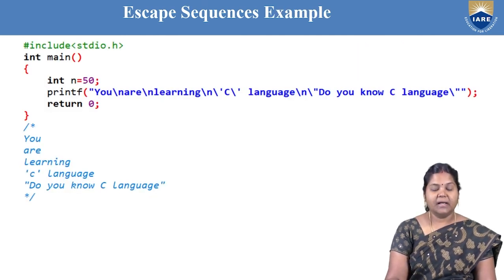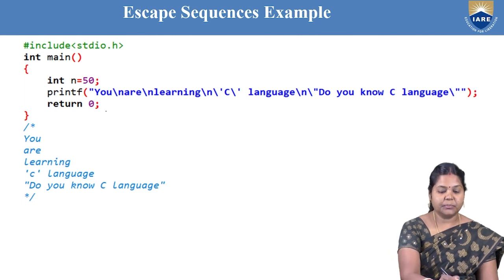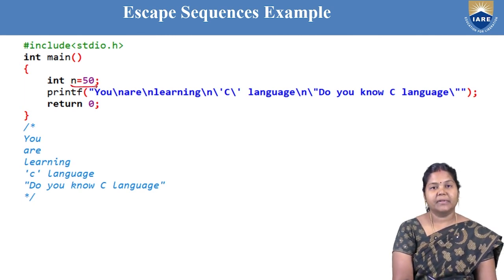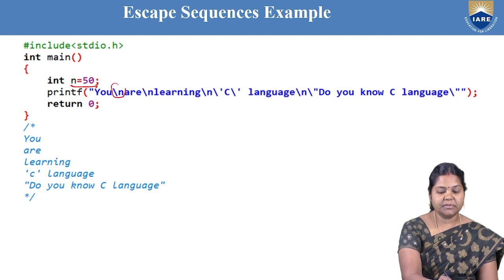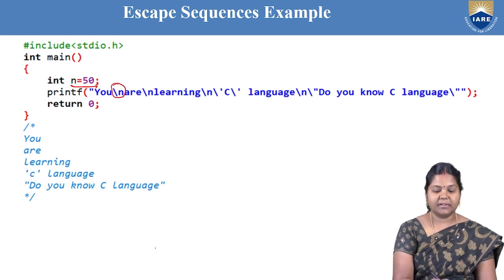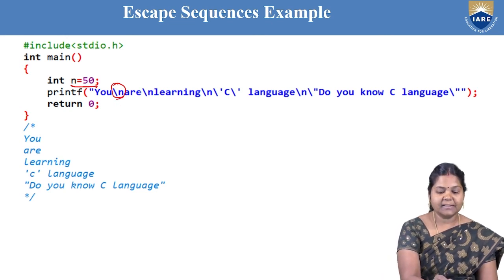Now you can have a look at the example. Suppose n is equal to 50. Here, how many escape sequences have I used in the printf statement? You are learning C. Do you know C language? I want to display this statement in 5 different lines, so I have used backslash n in different places.